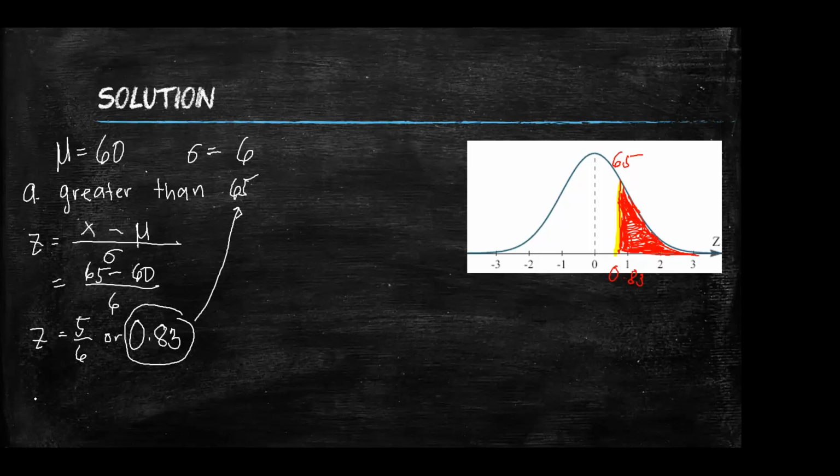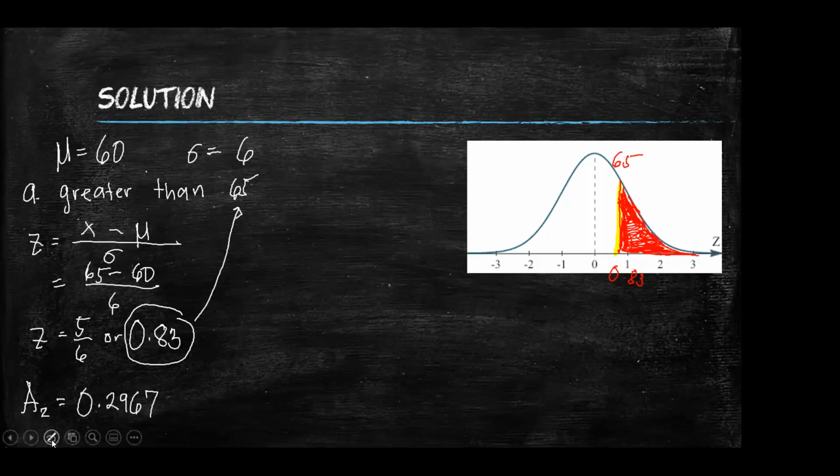Okay, chinek ko rin kasi. So, ang area ng z-score natin, A sub z, yan lang notation natin ha, is ilan? 0.2967.